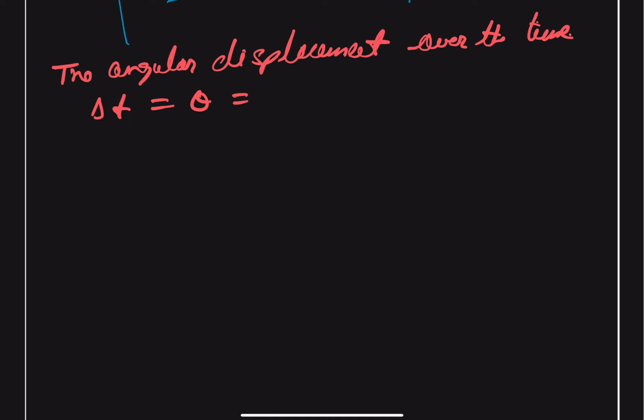We can write that our theta is equal to velocity in x direction times delta t divided by r. Here our delta t is equal to t2 minus t1.